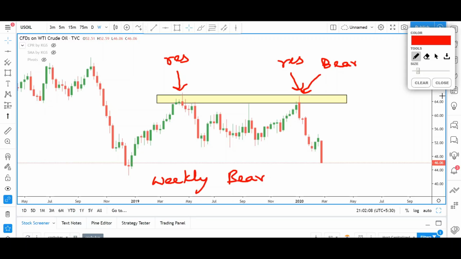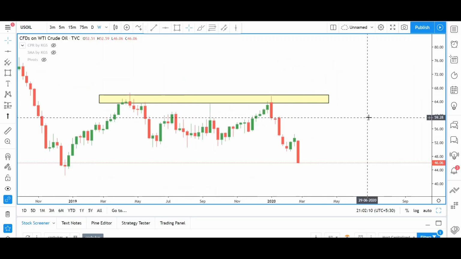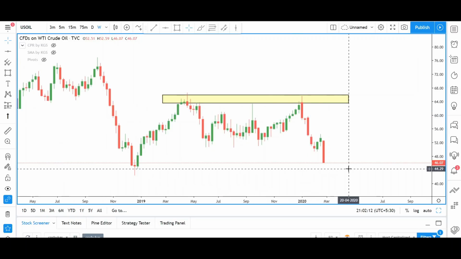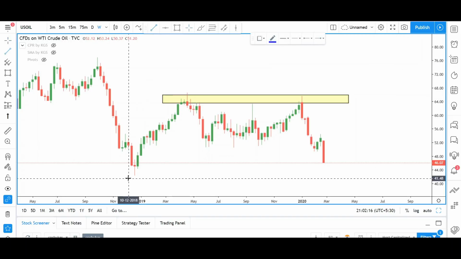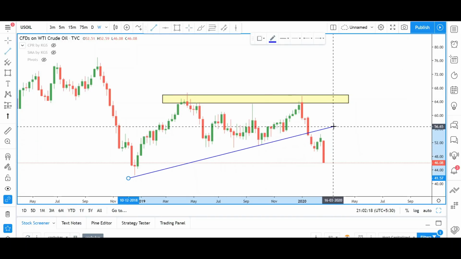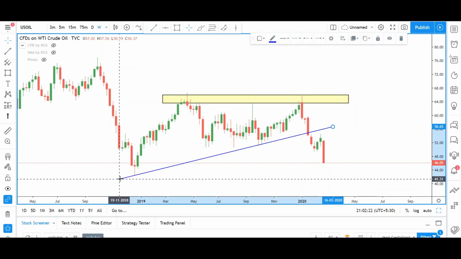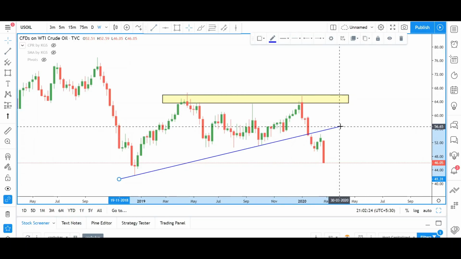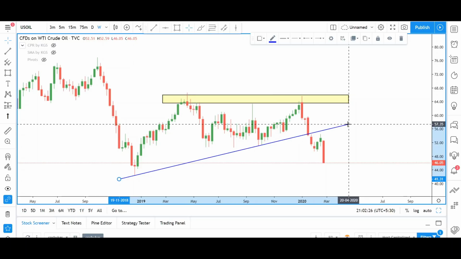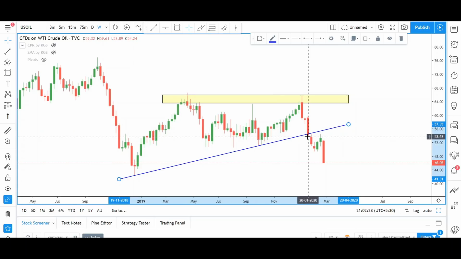Now what is next? See this trend line. This trend line has been broken very perfectly and accurately, on 20th January itself.